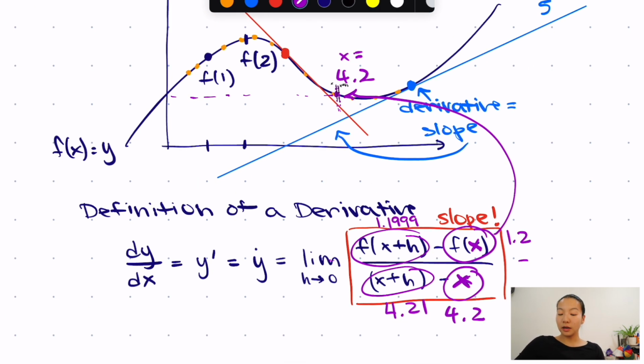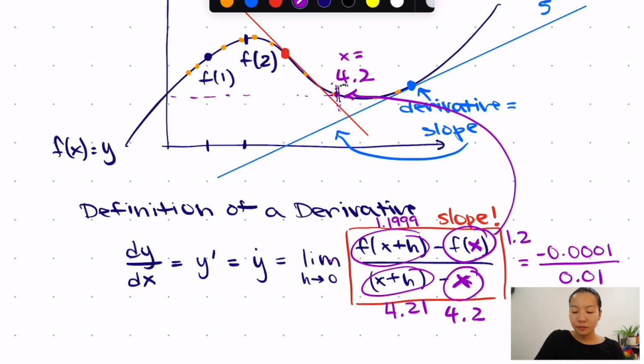And so now all of a sudden we have a way to calculate this: 1.1999 minus 1.2 is negative 0.0001. Divide that by 0.01, and that gives us a slope of somewhere close to 0.